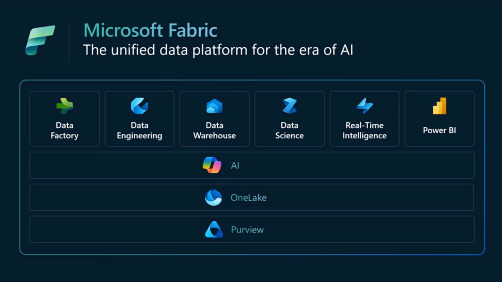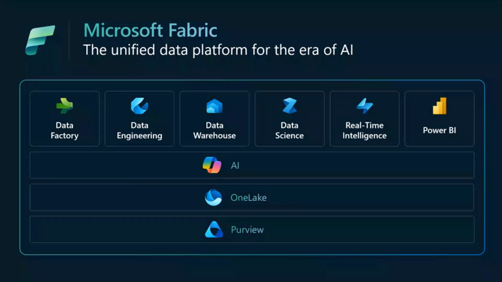We also have the Data Warehouse workload, which offers a SQL interface for processing and storing data, which might be familiar to a lot of people who have been working with SQL in the past. We also have Data Science as a core workload, which helps you build, train and operationalize machine learning models.